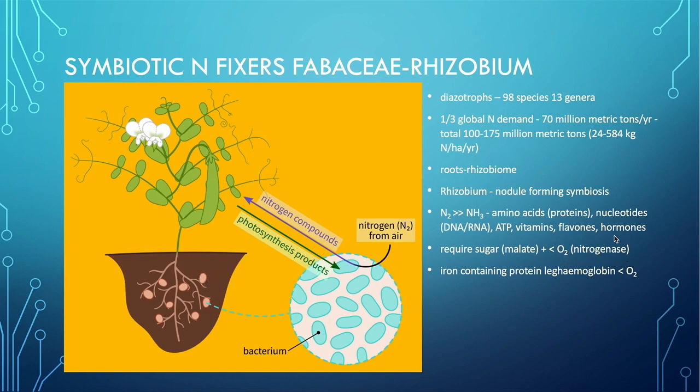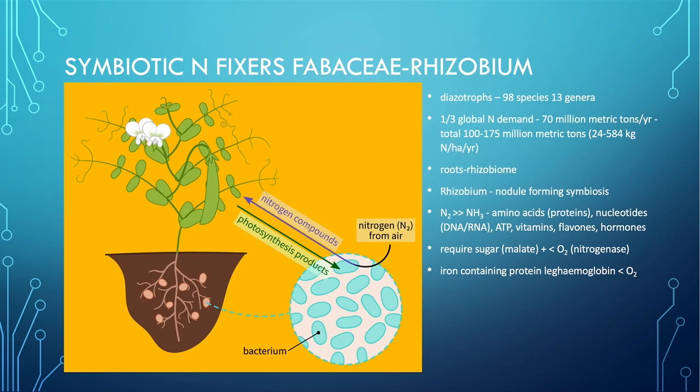And for the nitrogenase enzyme to do this conversion of dinitrogen into ammonia, an iron-containing protein, leghemoglobin, similar to that of our blood, actually reduces that oxygen within the nodule. It basically chelates it.